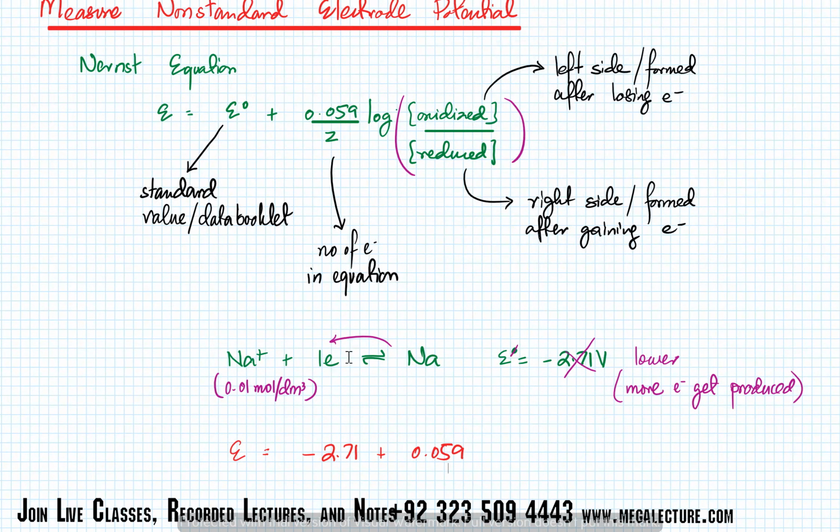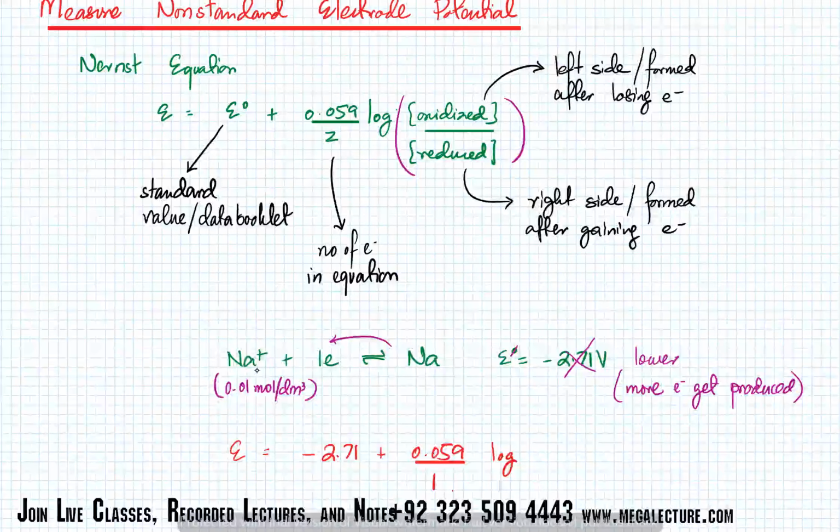So that's just 1. Then log of the oxidized species, the one on the left side, formed after losing electrons. So what's the concentration? It's 0.01.